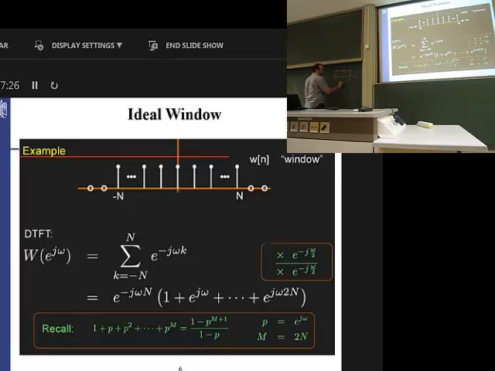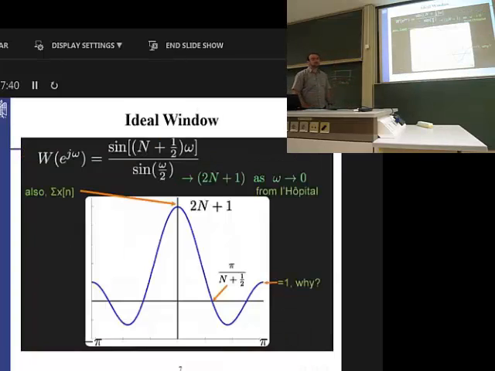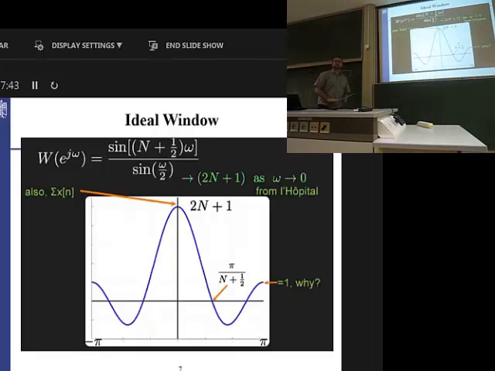This is called the window. And we saw that the DTFT of the window, or the frequency response of such a window, gives us a sinc function.